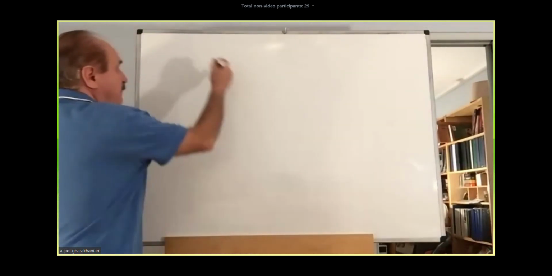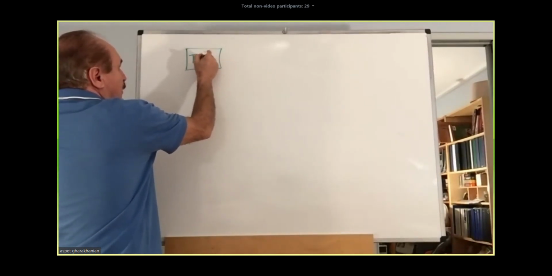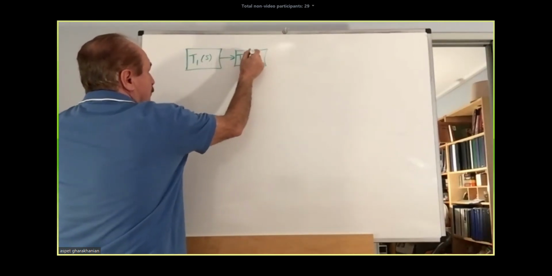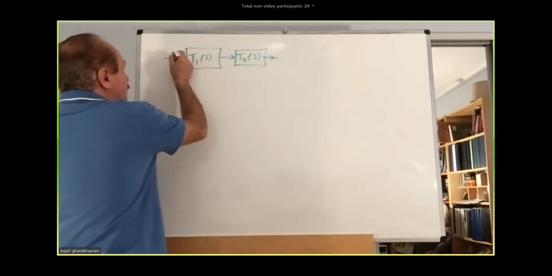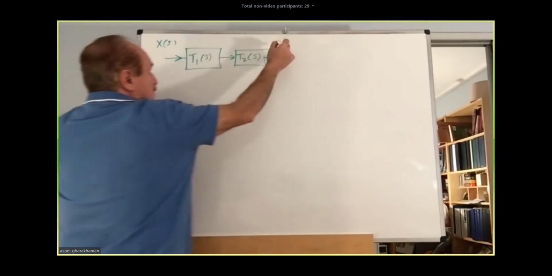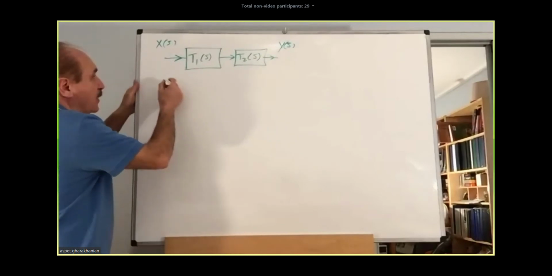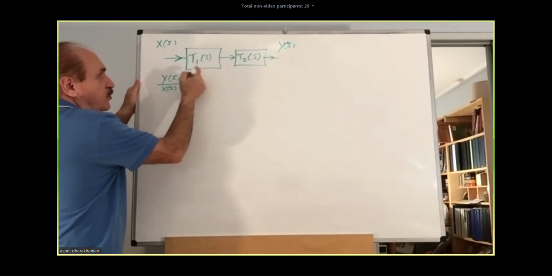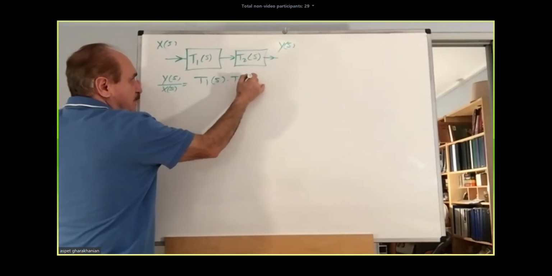So you may have a situation where you may have T1 of S followed by a T2 of S. And you want to know the net response. X of S is the input, and then the last one is Y of S. Okay? Now, Y of S over the X of S is going to be the product of the two transfer functions, T1 of S times T2 of S.